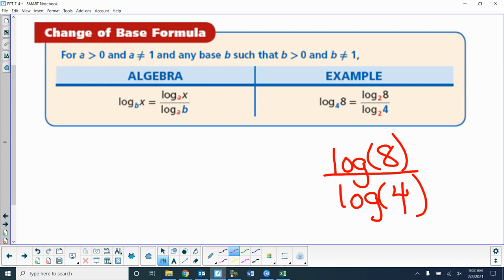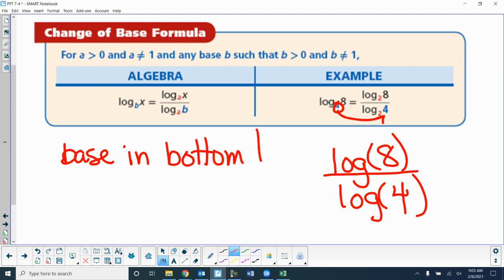The base part goes in the bottom or the basement. Okay? That's the only part you'll mess up. You'll put the wrong number in the top and the bottom.